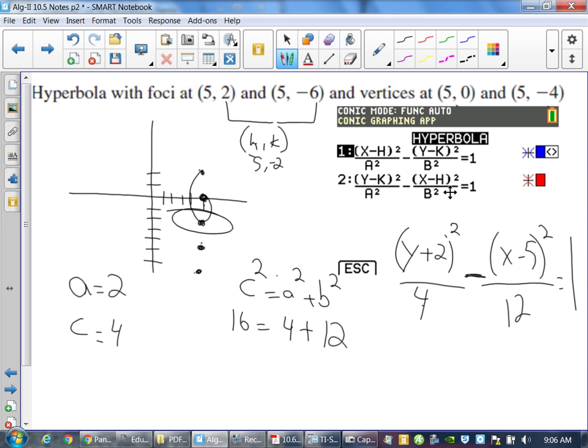What's 0 plus -4? What's half of that? So what I'm doing there is finding the midpoint of those. Since they're all vertical, they're all going to be on the same x value, 5. So we're just figuring out the midpoint y value from here to here. That's all we're doing. Because it's the center. Okay.